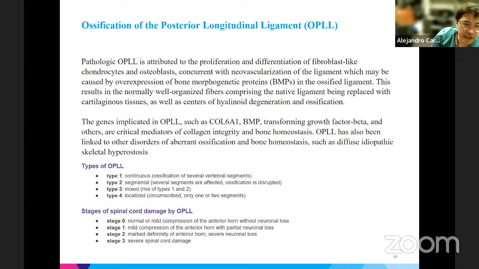OPLL also involves other genes, such as COL6A1, BMP, transforming growth factor beta, others. And it has been linked to other disorders of aberrant ossification and bone homeostasis that we'll talk about briefly. It can be divided into 4 different types based on whether it's continuous or segmental, mixed or localized, and it can cause various degrees of symptoms.